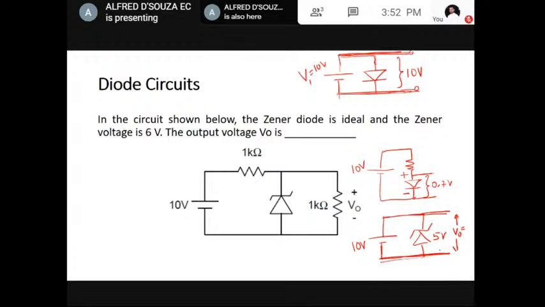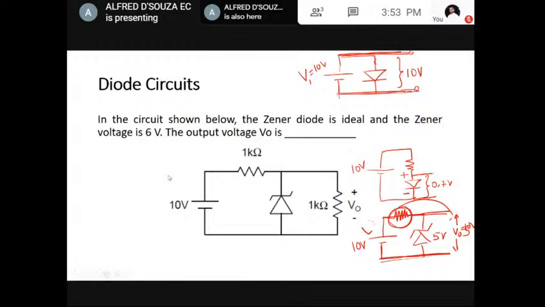So the voltage across the Zener diode, even though it has entered the breakdown region, is 10, because of the independent source. Fine. Suppose I have a resistor here, then you can say it will maintain 5 volt because the remaining voltage can drop across the resistor. So that is the case here.